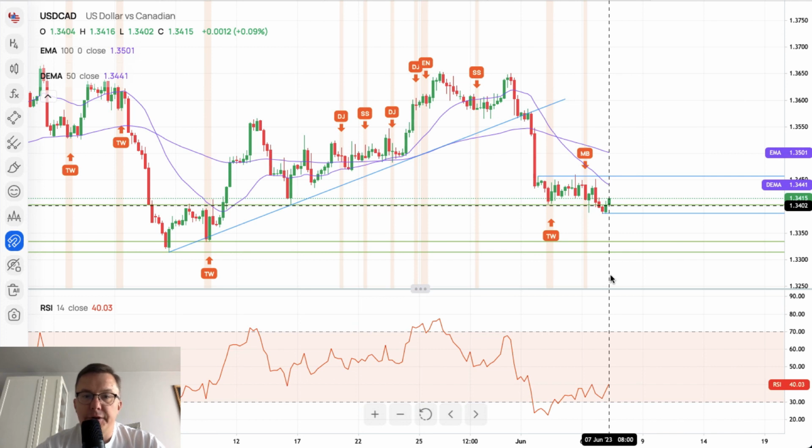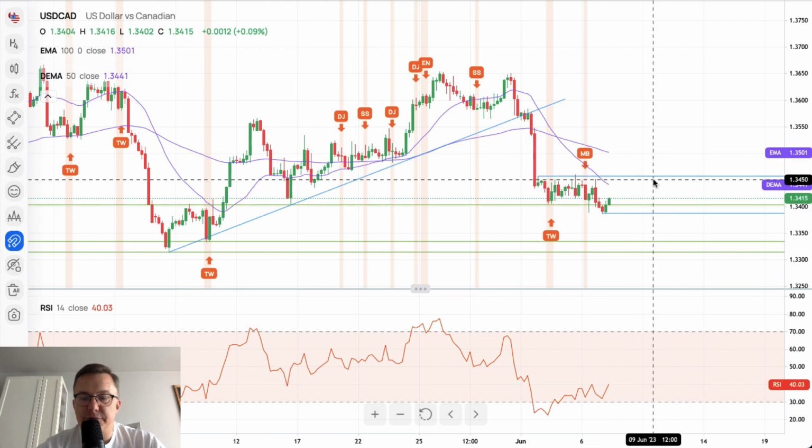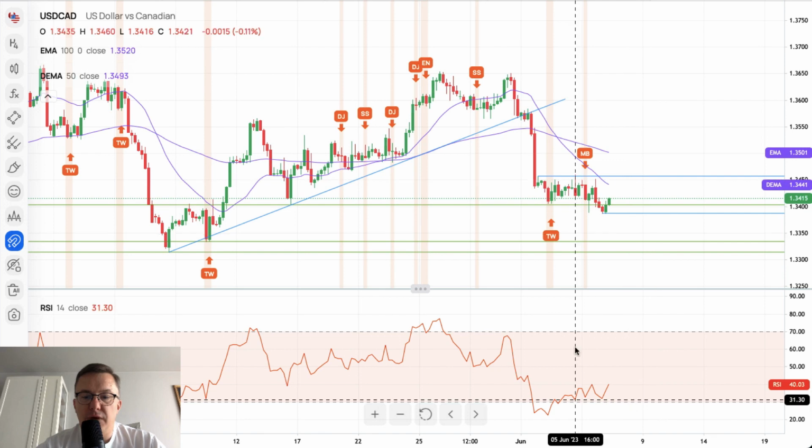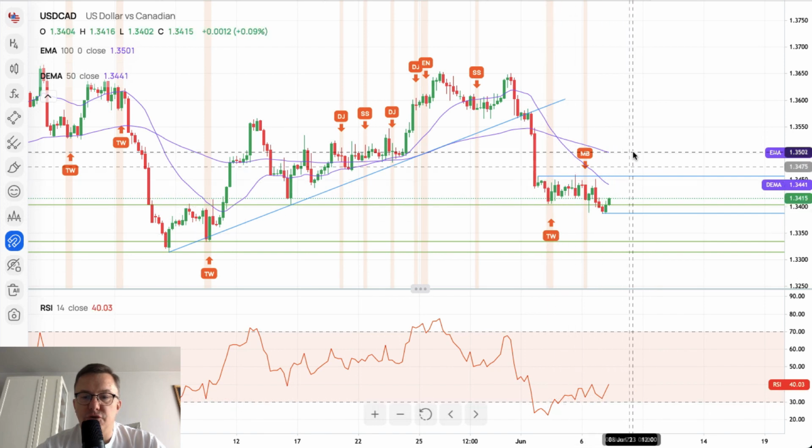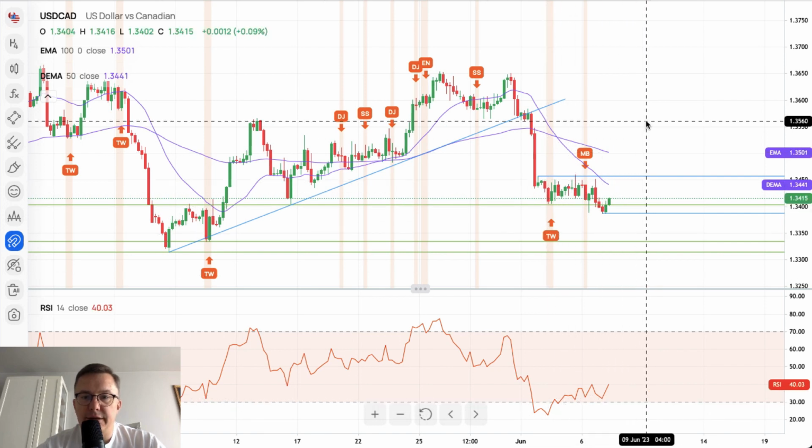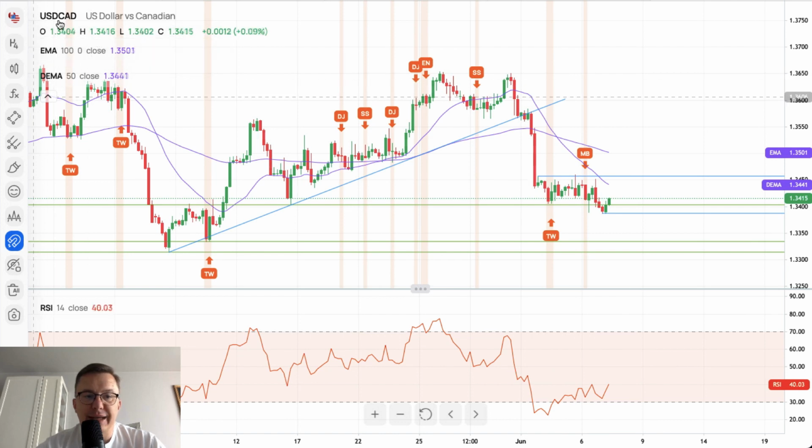Of course, the other decision, when the interest rate decision is in line with the expectations or there is no hike, then of course we should expect the same price action that was present on this market before, and the bullish divergence should be developed even higher. That's the US dollar to the Canadian dollar.